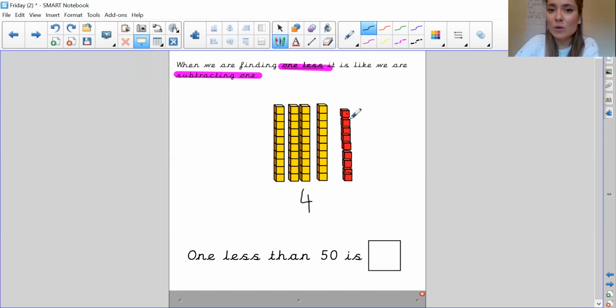Should we count them? 1, 2, 3, 4, 5, 6, 7, 8, 9. Good, you guessed it. 1 less than 50 is 49. Good, 4 tens and 9 ones.